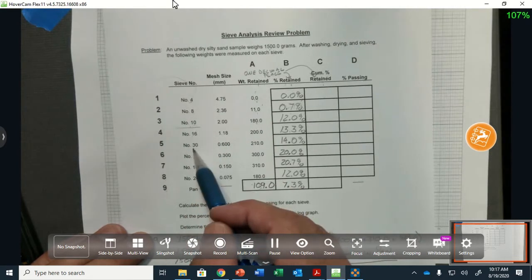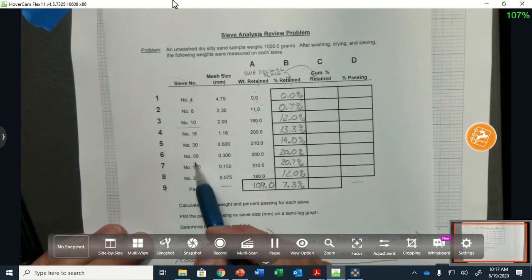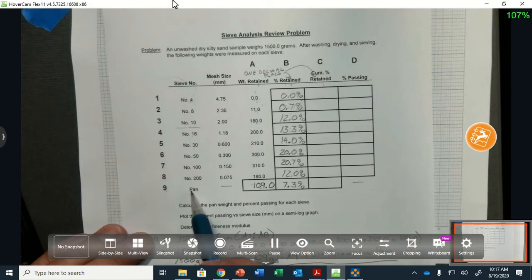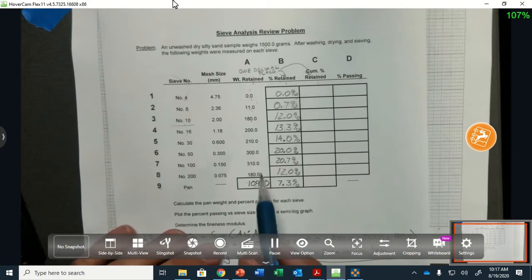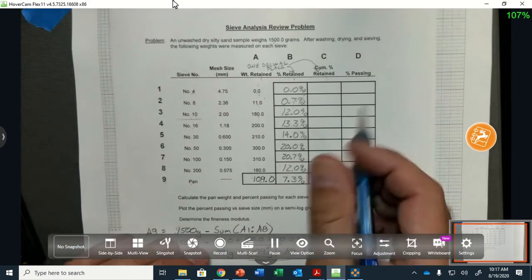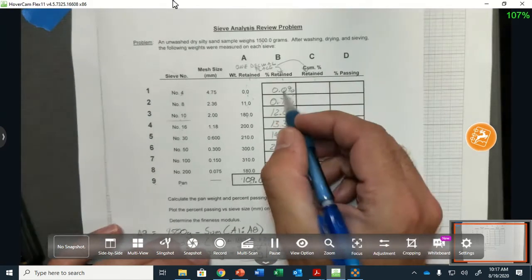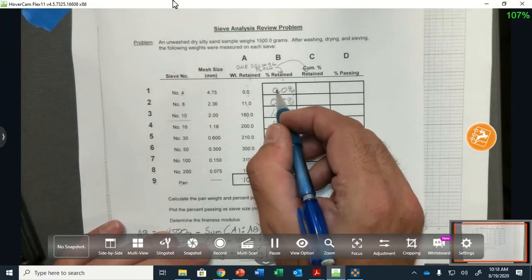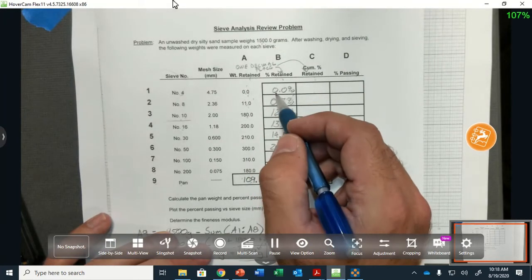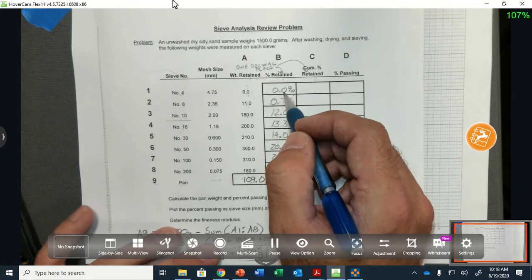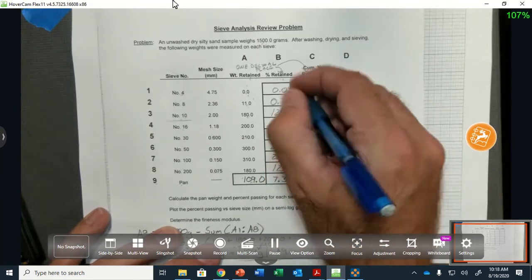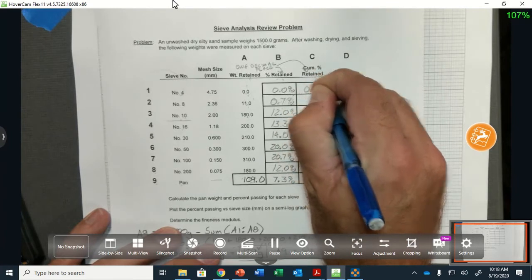As I go down, this cumulative number is going to get bigger until the pan, where I should have 100% of our sample. Okay? So I have 100% passing, 0% retained on the number 4 sieve. That means there's nothing also retained on cumulative.